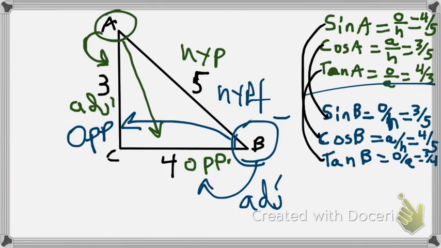I know that's a little bit out there, but it shows you that all 30, 60, 90 triangles, all 45, 45, 90 triangles, all 18, 72, 90 triangles are going to be similar to each other by angle-angle similarity, which hopefully you guys remember from your days in geometry.